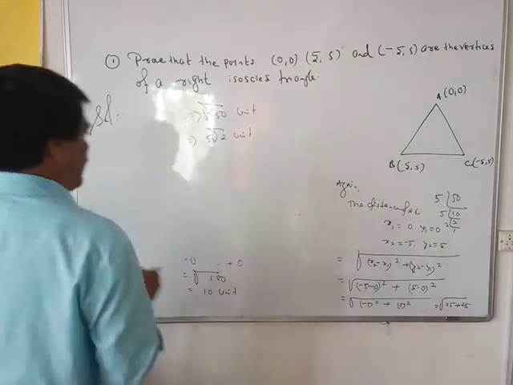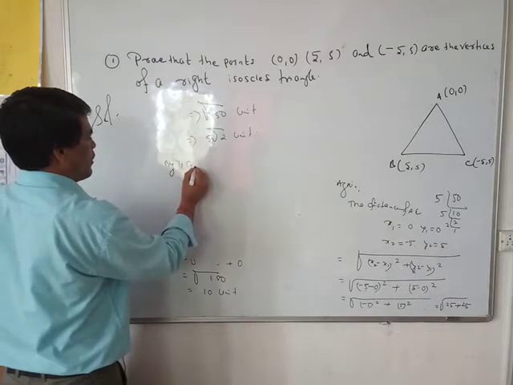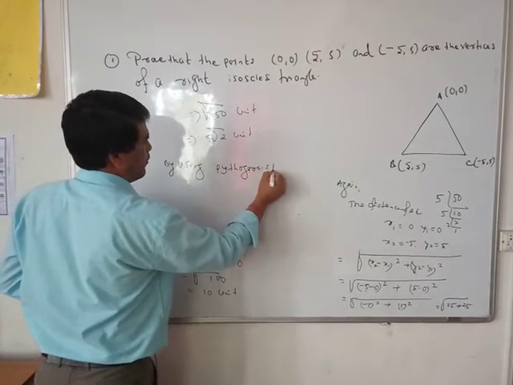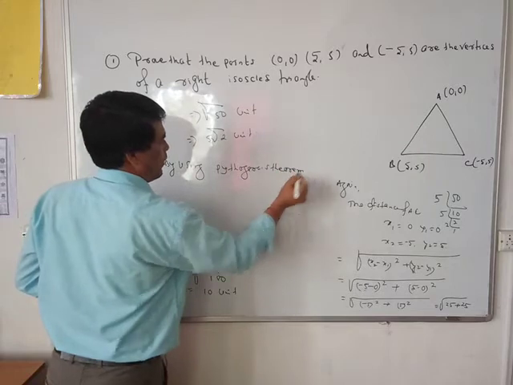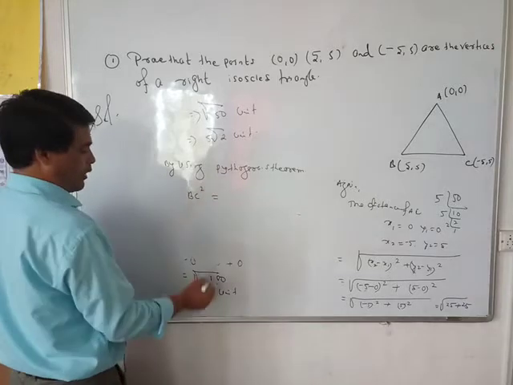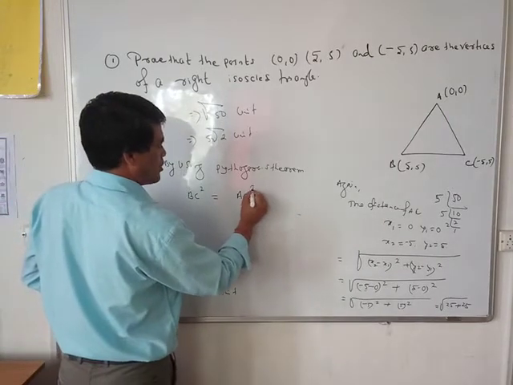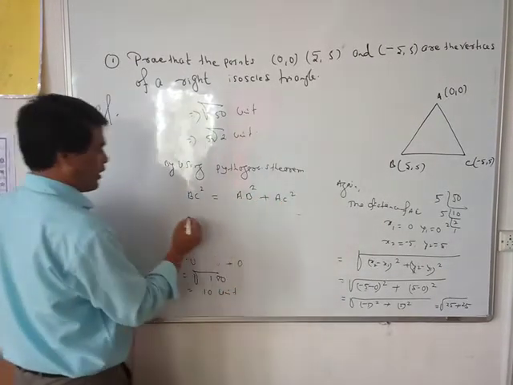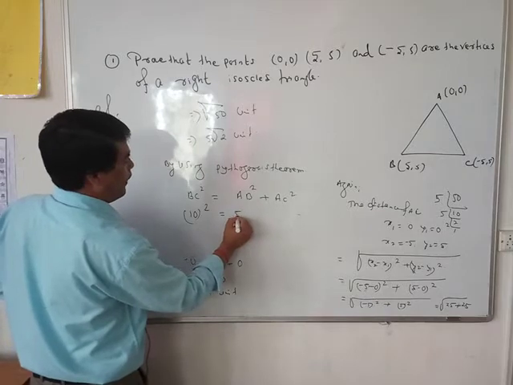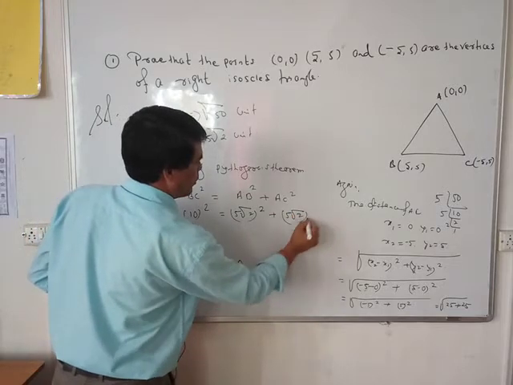Lastly, by using the Pythagoras theorem, BC square is equal to AB square plus AC square, where BC is the greatest answer. The value of BC is 10, square, equal to AB, 5 root 2, square, plus AC also 5 root 2, square.